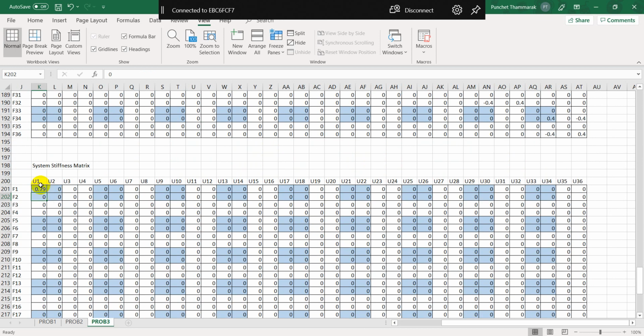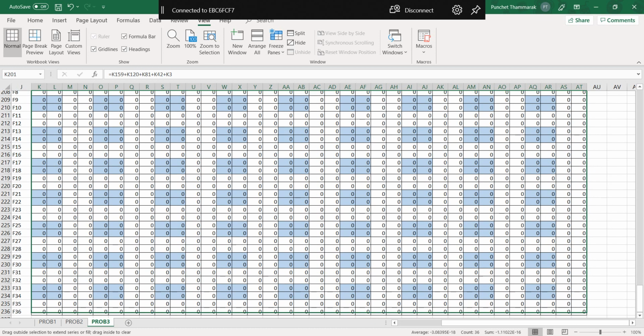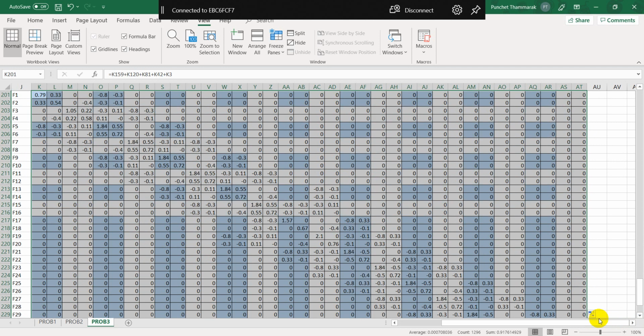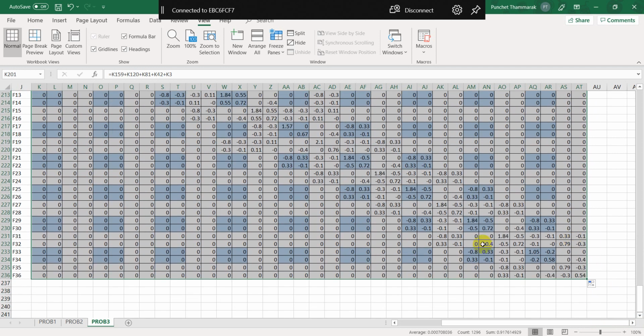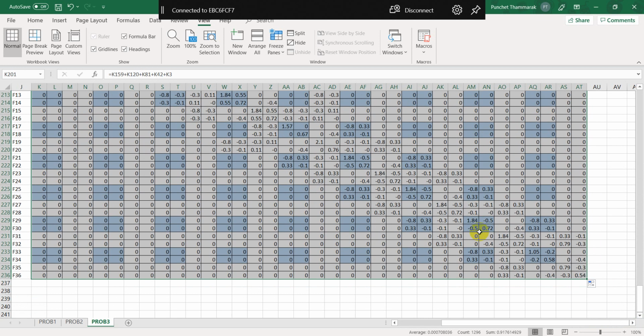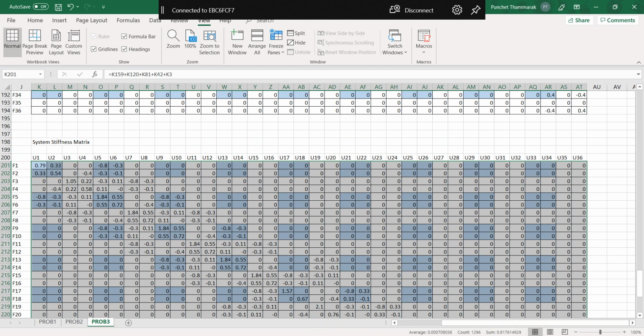Just that. We don't have spring. Fill without formatting. Okay, so your stiffness matrix just looks like this for your whole system. You smile, you enjoy it, right?